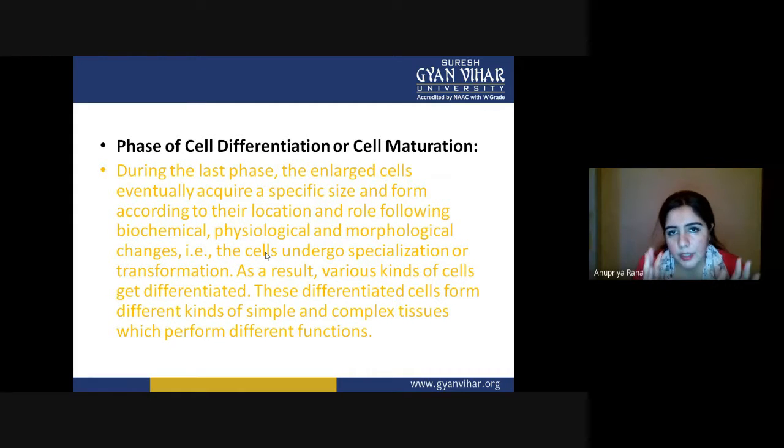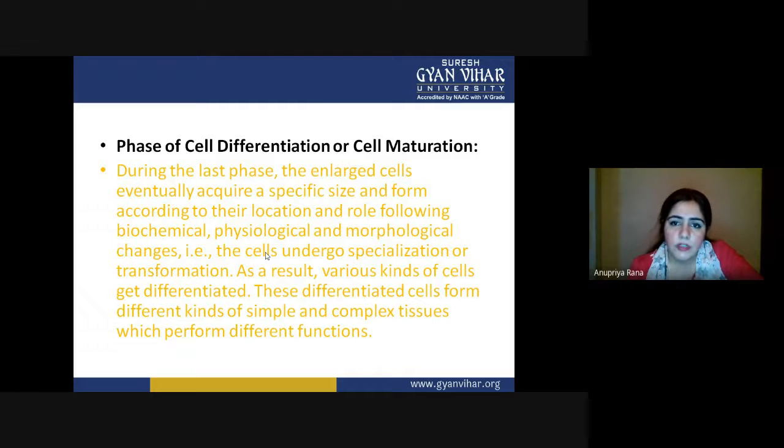So, this is a turning point. Every cell in the plant has gone through enlargement, but now is the time they need to be specified. Now the work has to be distributed. The plant is going to tell them what function they are present for, what their motive is, what their goals are.